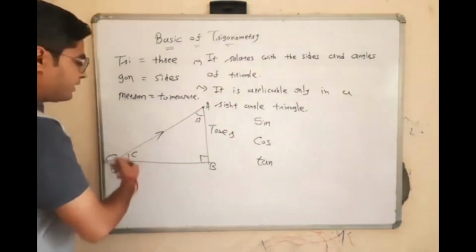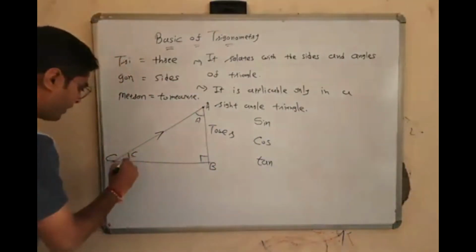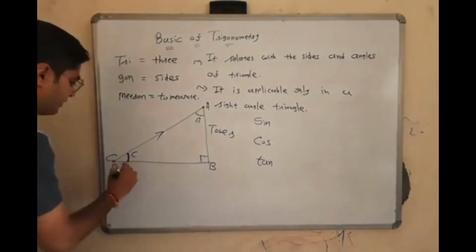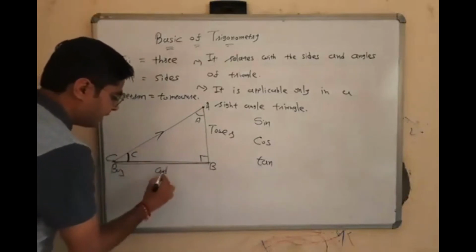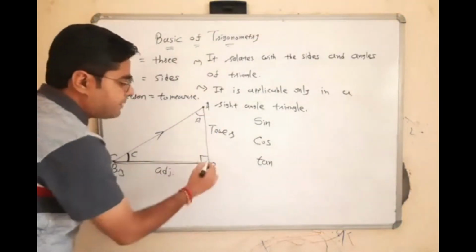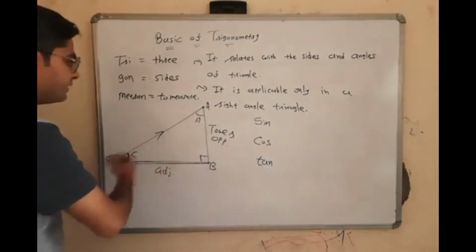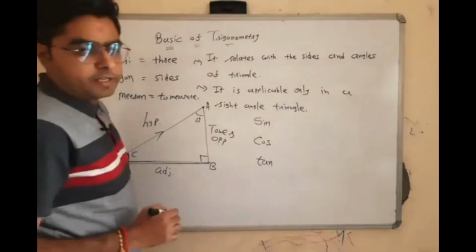First of all, in this figure, I am considering angle C. This side is the adjacent side, and for angle C, this AB side is the opposite side, and this AC side is the hypotenuse.